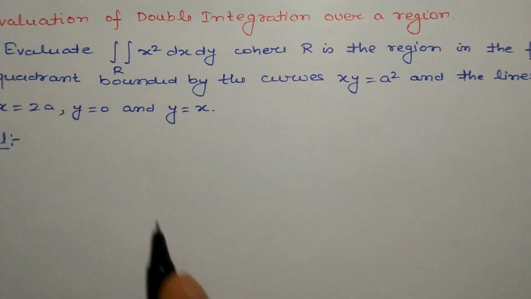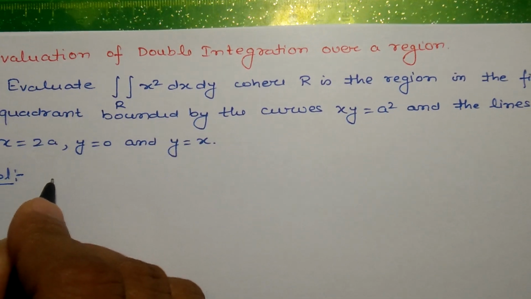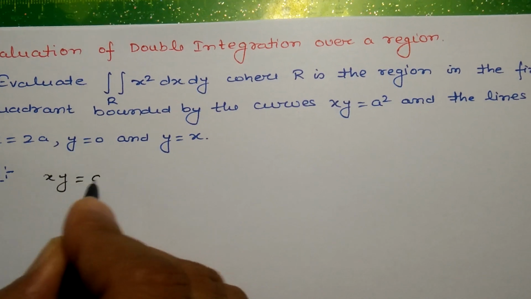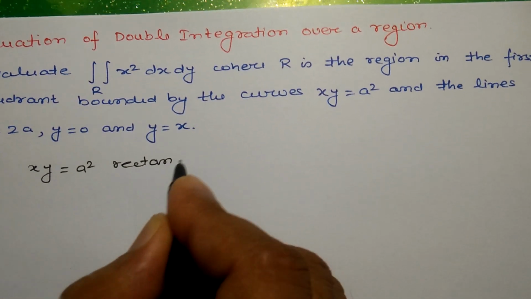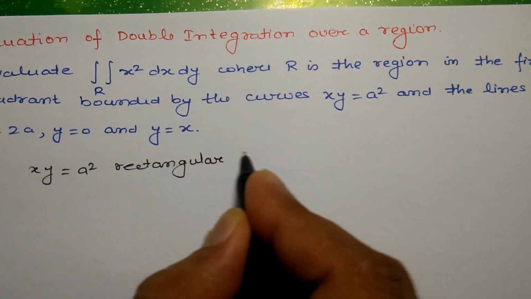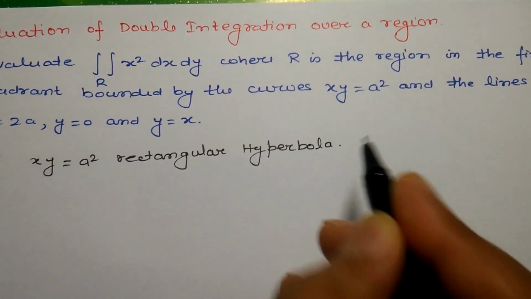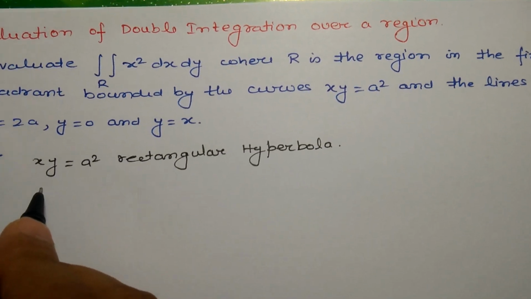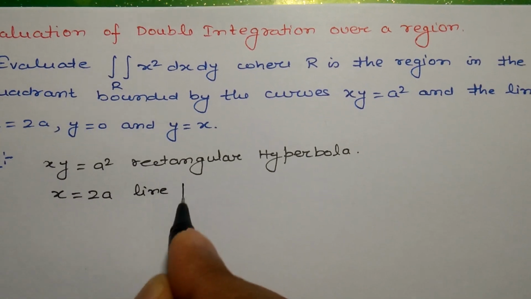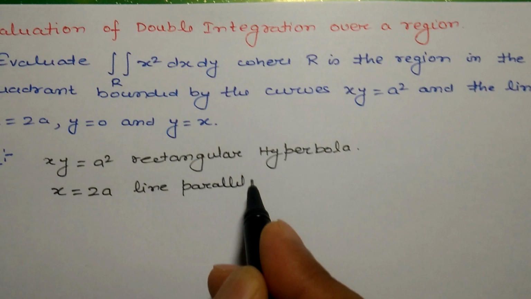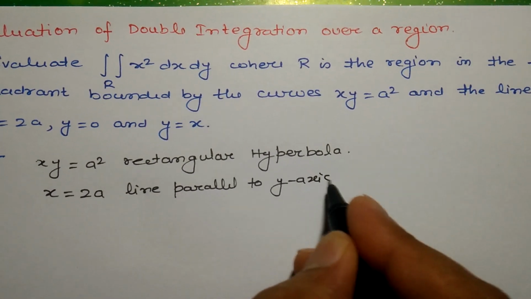So now first we have to look for the curves which are bounding that region. The curve given to us, xy is equal to a square, is a rectangular hyperbola. The another curve is x is equal to 2a. This is the line parallel to y-axis.